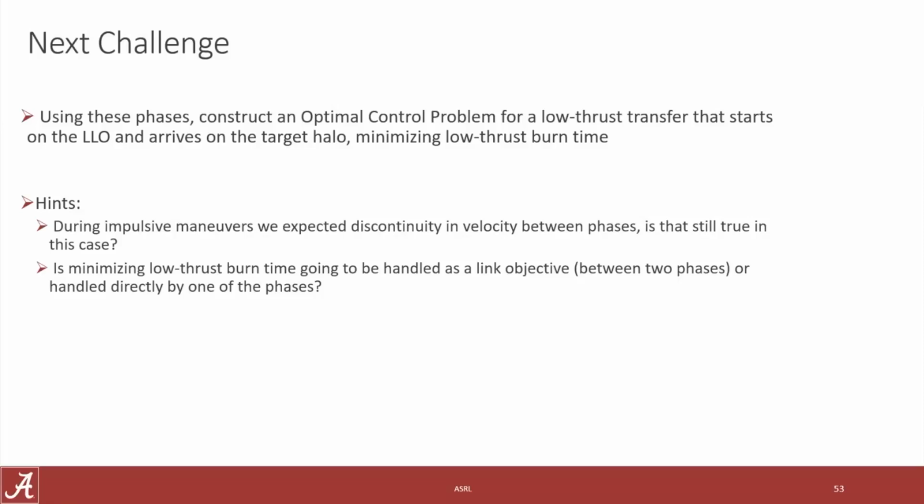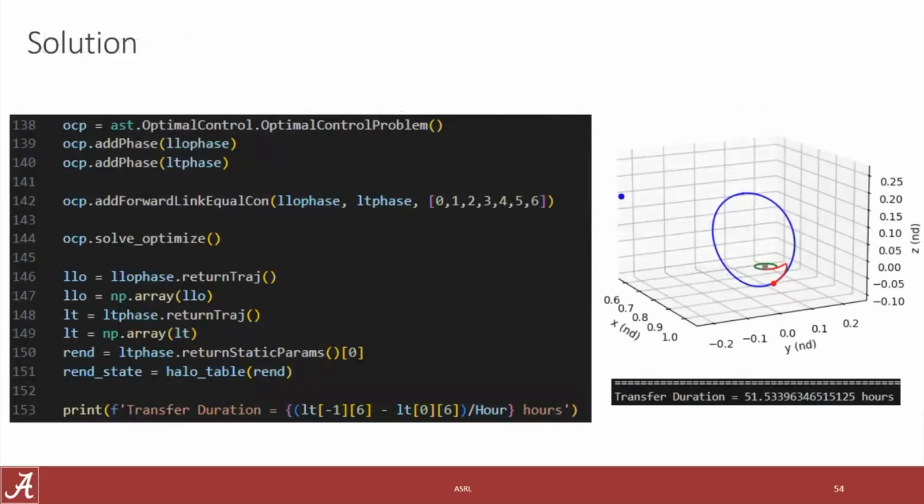We can have full state continuity for a low thrust engine or a solar sail or a finite burn engine because you are no longer implying a change in velocity. We're going to have an acceleration added to our optimal control problem that is literally causing the change in velocity over time. And then again, we hinted at link objectives and link constraints here.